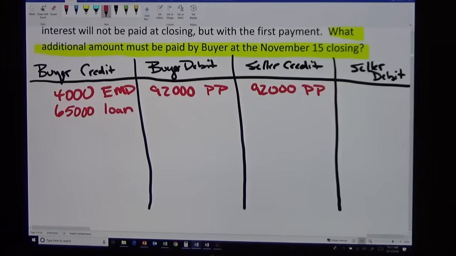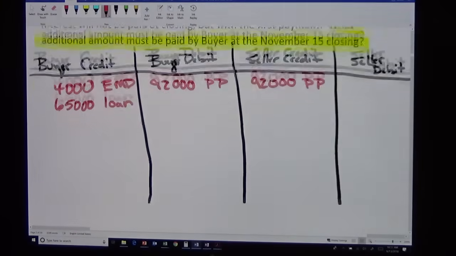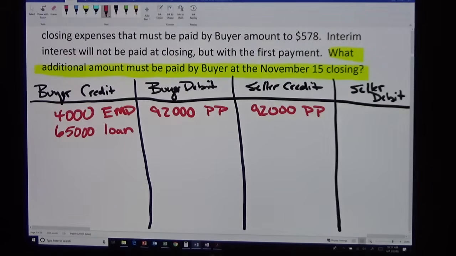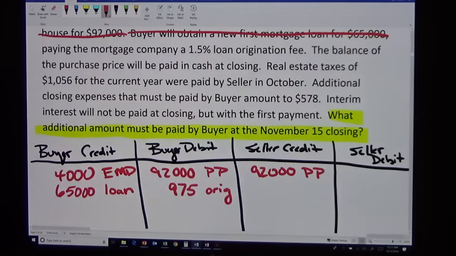And that's the buyer's loan, so it's going to be a buyer debit for $975 origination. Okay? So we've dealt with that. Move through them one at a time.